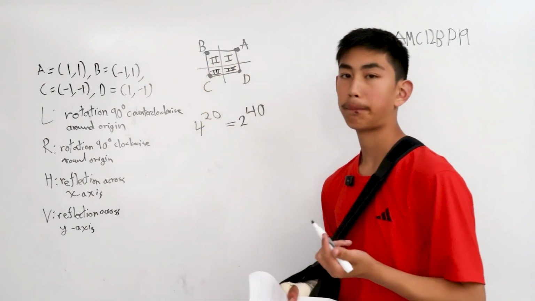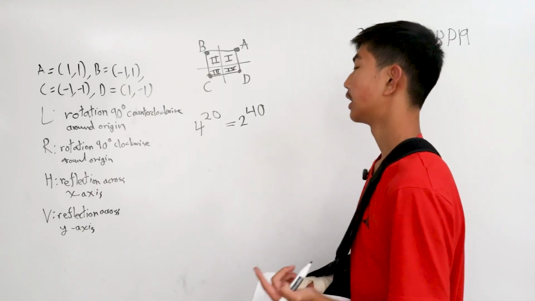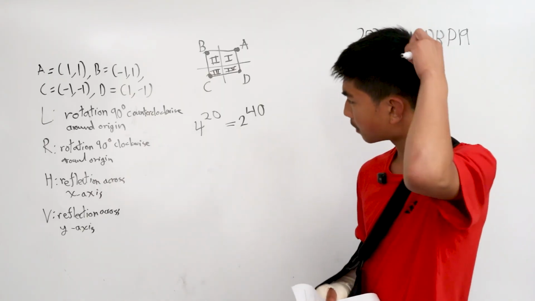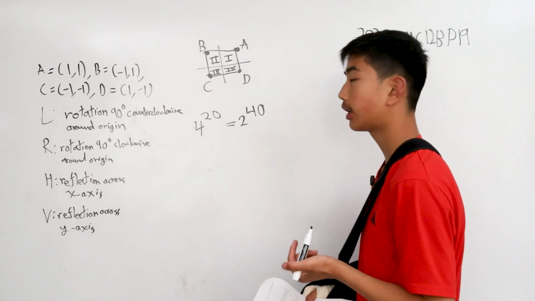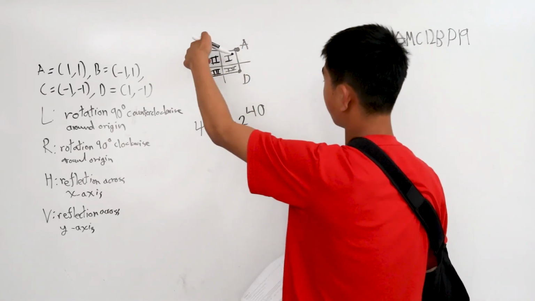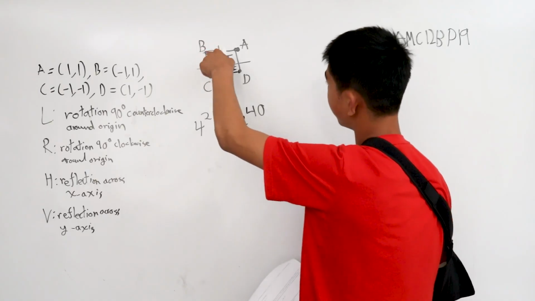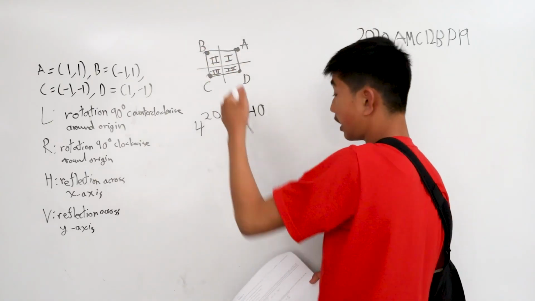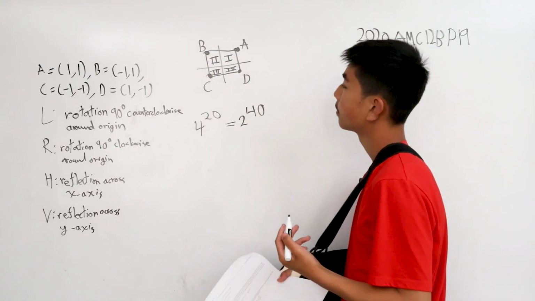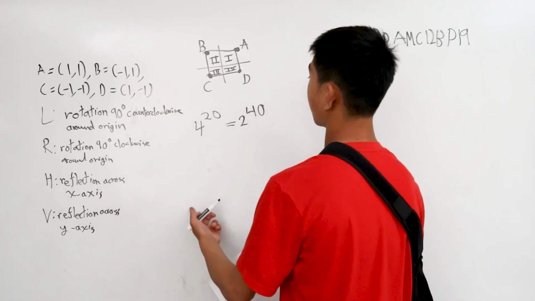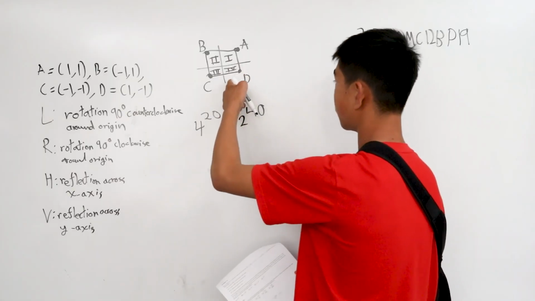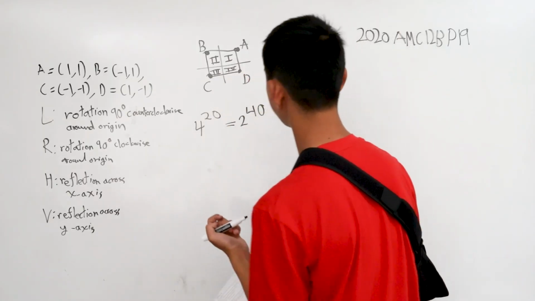When we apply this rotation, L, which rotates counterclockwise around the origin, A goes to point B, which is an even numbered quadrant. When you rotate 90 degrees clockwise around the origin, A goes to D, which is also an even quadrant.